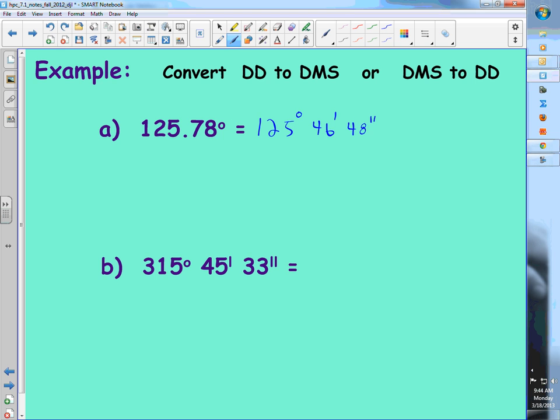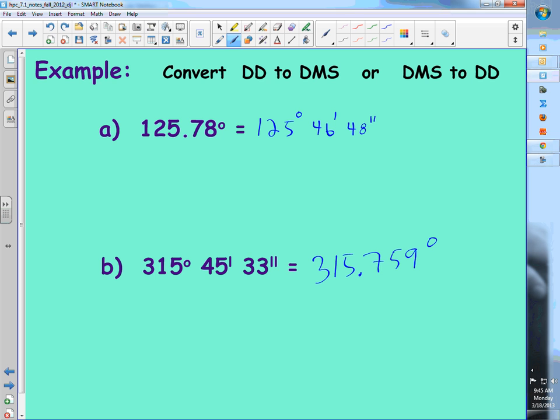Now you also need to know how to convert back. So if you're in degrees, minutes, seconds, can you go back? You should know that it's got to be 315 point. And then what did you end up with for your decimal? 7? 592, so 59 degrees. You've got to have a label on it. If you don't have the label, that's going to be a problem.